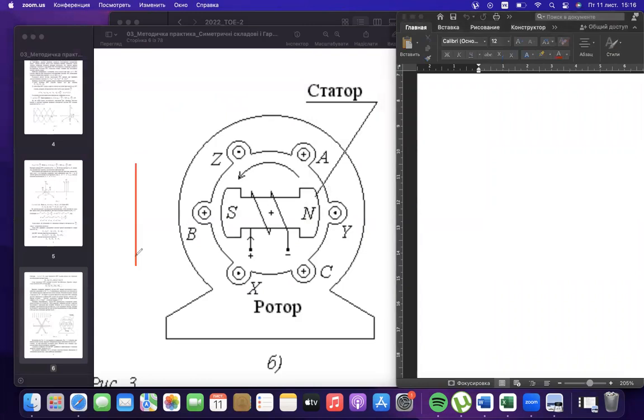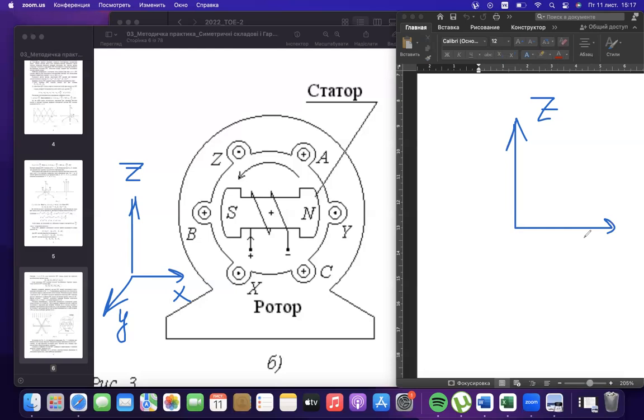If we draw another coordinate representation, for example, let it be z, let it be x, and we are looking at some cross section of y. Then the picture will be like that.